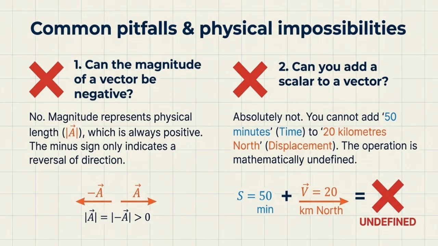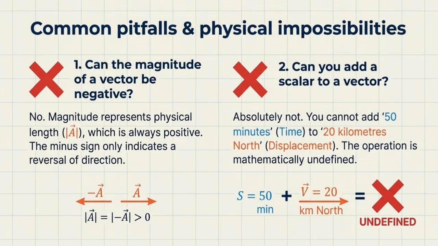Let's move on and highlight 2 common misunderstandings involving vectors. First, the magnitude of a vector can never be negative because it represents a physical length, which by nature is always positive. When you see a minus sign, it just shows that the vector is pointing in the opposite direction, not that its length is less than 0. Second, you cannot add a scalar directly to a vector.